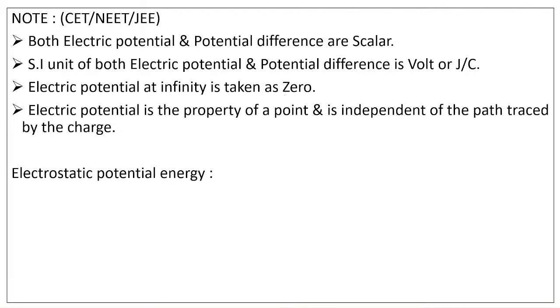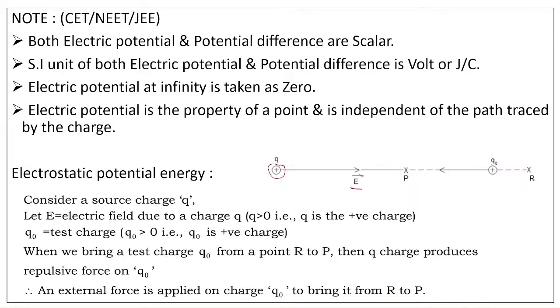Electrostatic potential energy. Consider a source charge, Q. Let E be the electric field due to a charge Q greater than 0, that is Q is a positive charge. Q0 is the test charge. Q0 greater than 0, that is Q0 is a positive charge. When we bring a test charge Q0 from a point R to P, then charge Q produces a repulsive force on Q0.